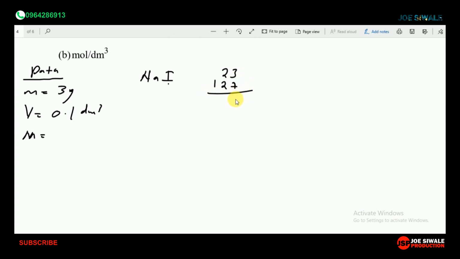So to find our answer, we are going to have 150. So that's going to be 150 gram per mole. Our molar mass we're going to put as 150 gram per mole.